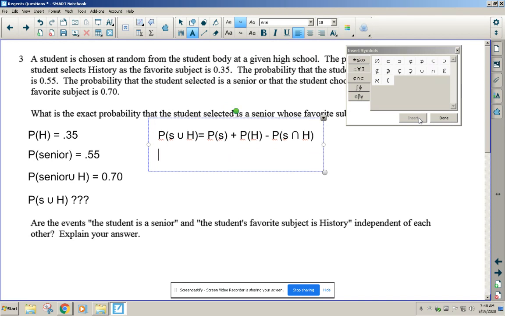Okay, so I know my or statement is 0.70. I know the probability of a senior is, whoops, I'm sorry, senior was 0.55. And history, rather, was 0.35. And now I have to have the probability of the senior and history.